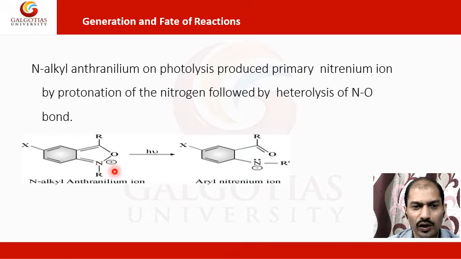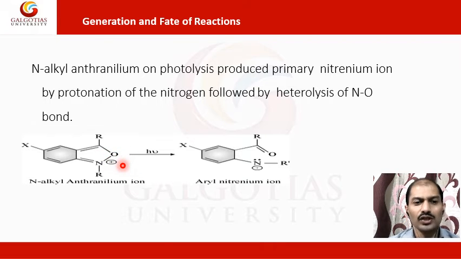So heterolysis means it is not similar to homolytic bond cleavage. I hope you all are aware of that. If the sharing electrons go to only one of the atoms, then that is called heterolytic fission.